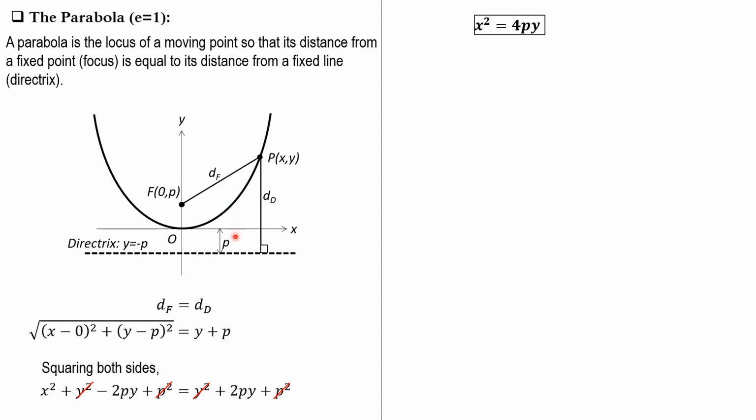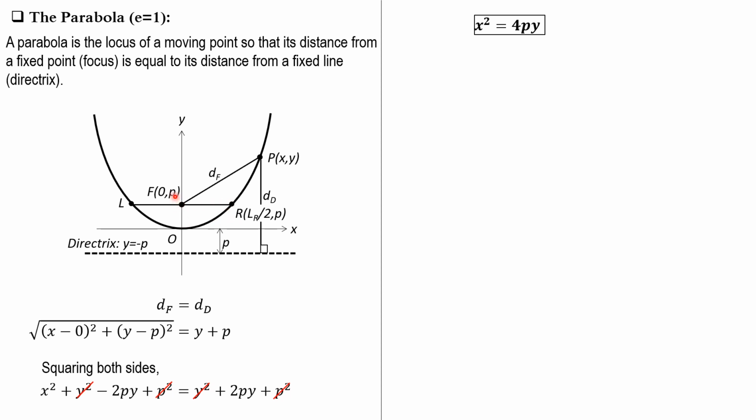Because this is p plus p, 2p, that should also be 2p. So therefore, half of the length of the latus rectum is 2p. Then we have by symmetry another 2p here. So that's why the length of the latus rectum is 4p in general. So this is the latus rectum, LR, with LR over 2. So this is half of the length of the latus rectum, comma p.